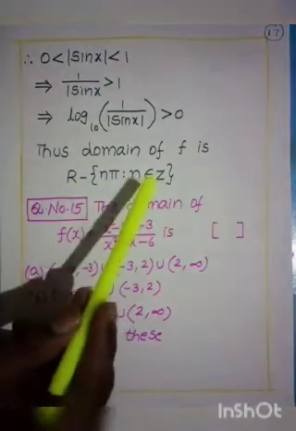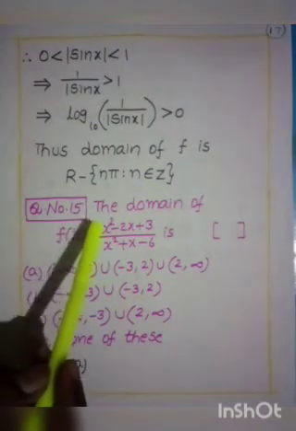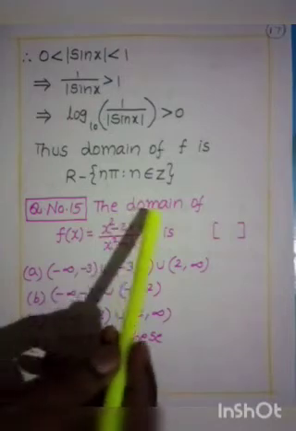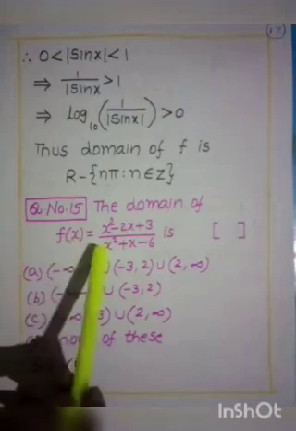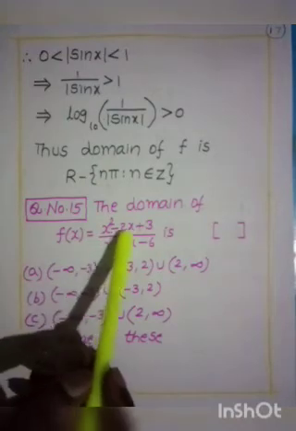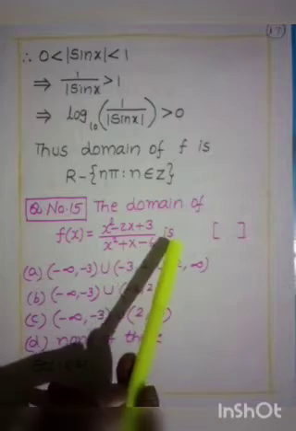Understood this question, my dear children? Next, question number 15. This question is also on finding the domain of a given function. The domain of f of x is equal to x square minus 2x plus 3 by x square plus x minus 6 is.